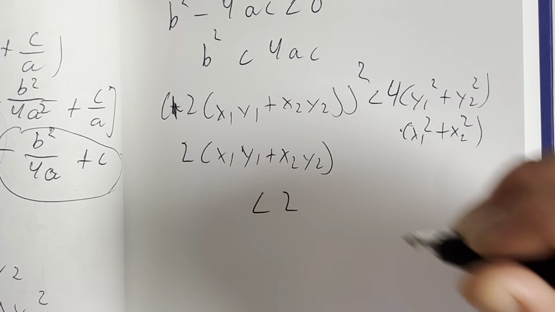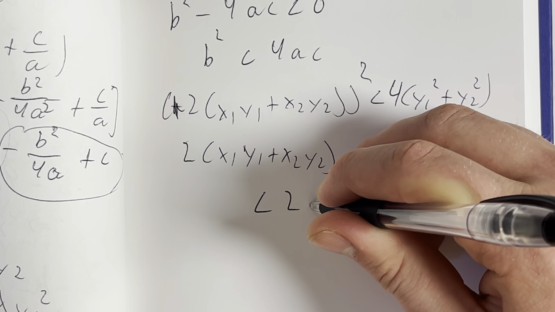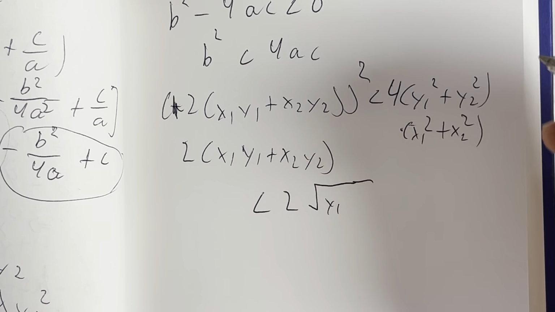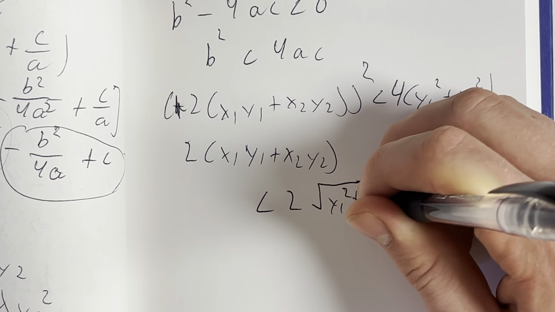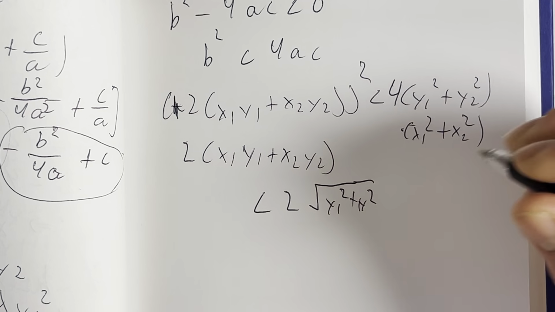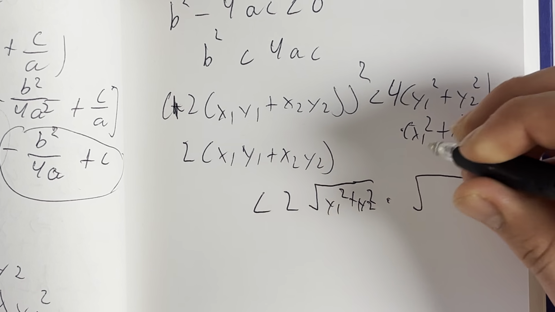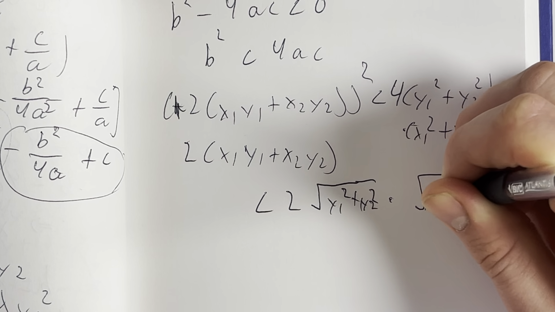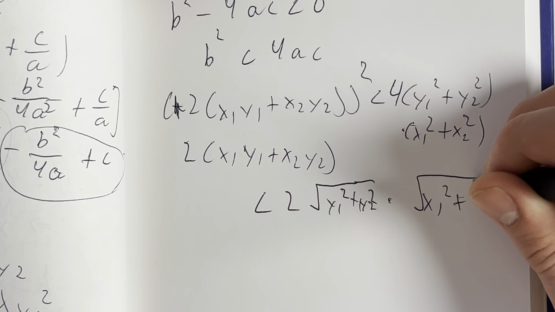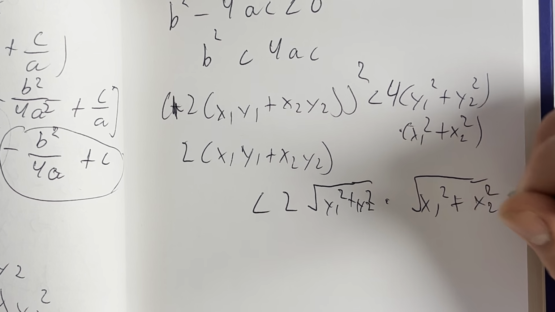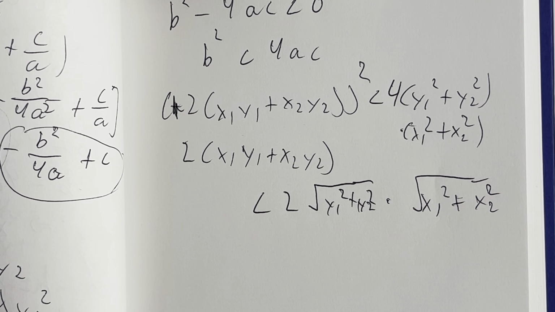So 2 times the square root of y1 squared plus y2 squared, times the square root of x1 squared plus x2 squared, and it already looks quite familiar.